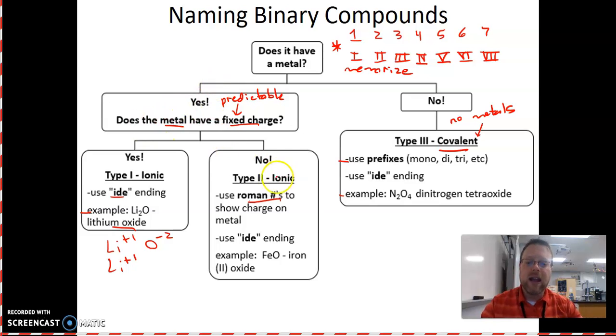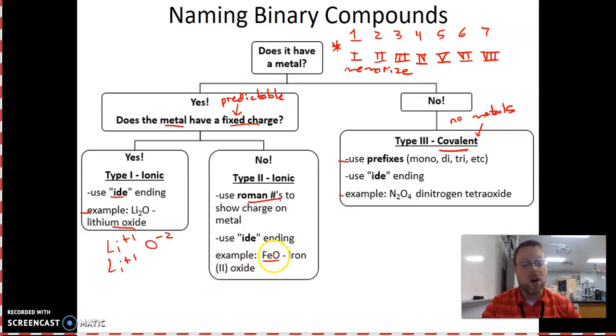So the idea in these compounds where you have a metal with an unpredictable charge is that the Roman number needs to be whatever the charge is on one of the metal atoms in the formula. For instance, if I've got this compound FeO, I'm going to put the "ide" ending on the second element just like I did before, but the addition is that I need to figure out what the charge on this metal is.